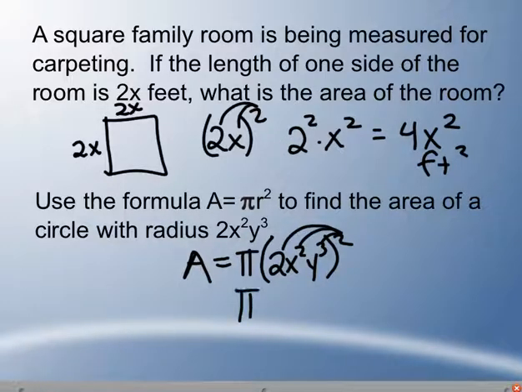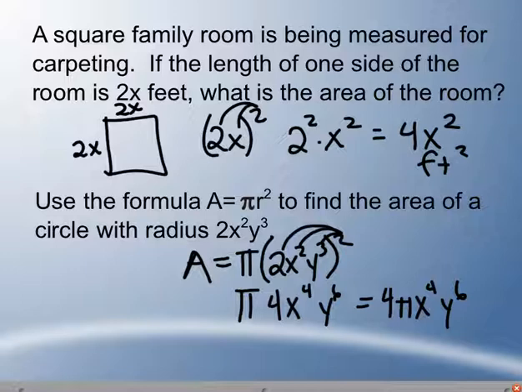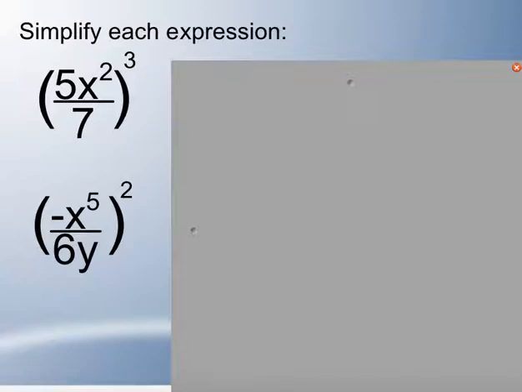So I get pi times 4x to the 4th y to the 6th, which we can leave as 4 pi x to the 4th y to the 6th, or multiply it out to say 12.56 x to the 4th y to the 6th. And that's going to be in whatever units squared.